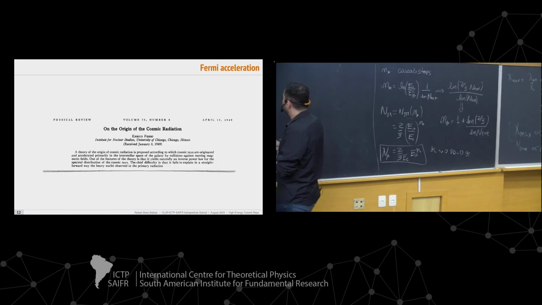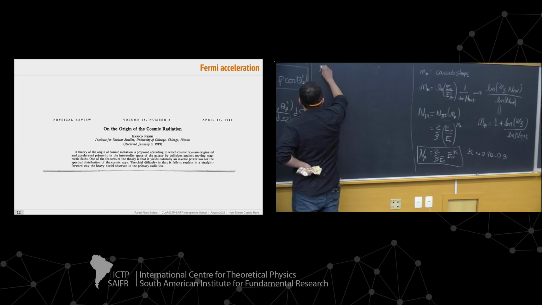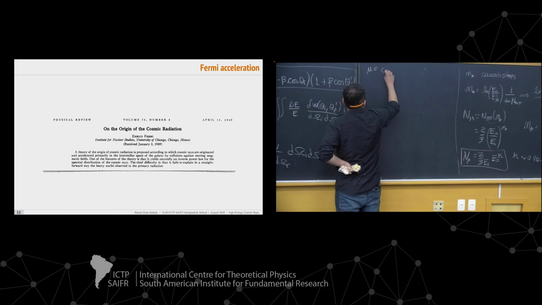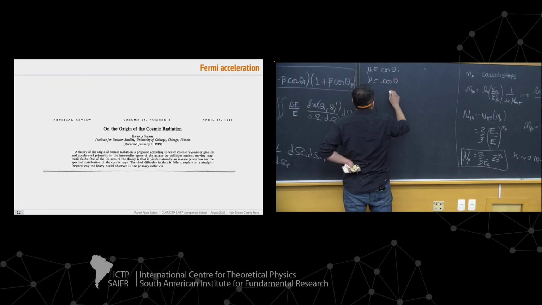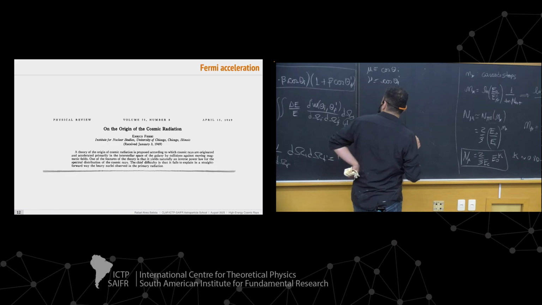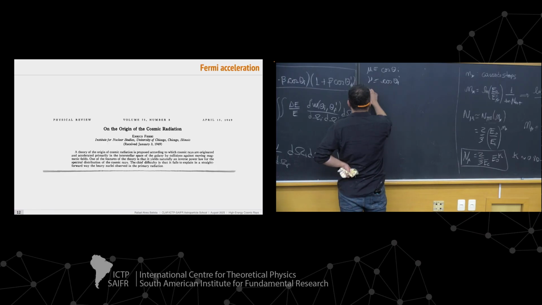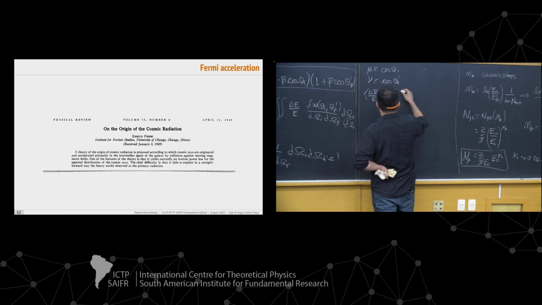Just to make things simpler, let me define mu as cosine theta I and nu as cosine theta f prime. And therefore, I'm rewriting that just to keep according to my notation.